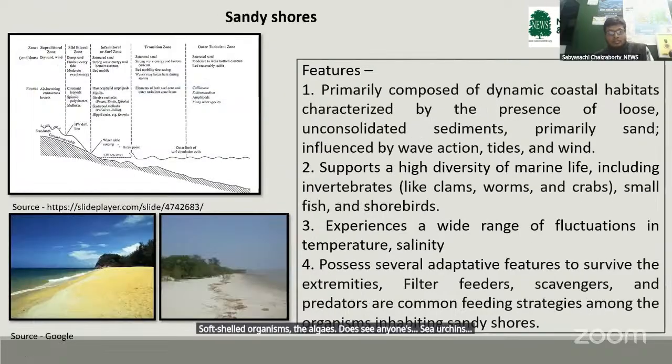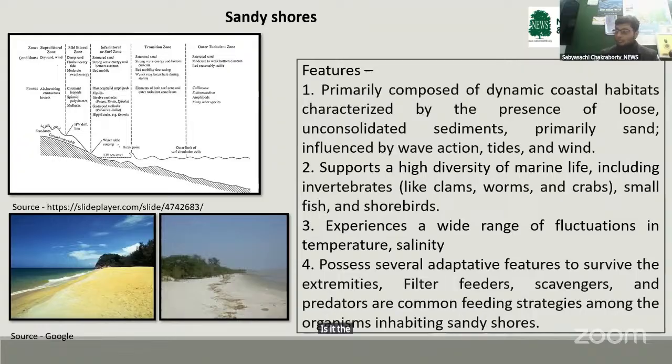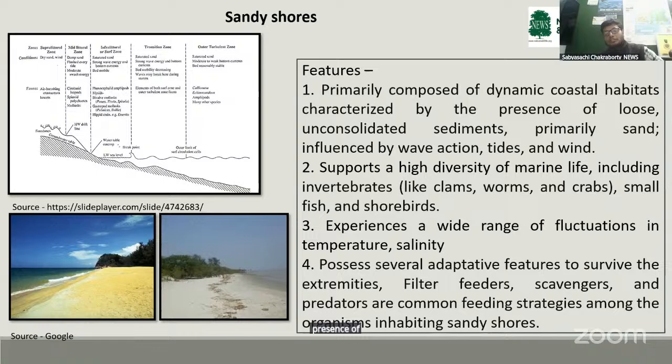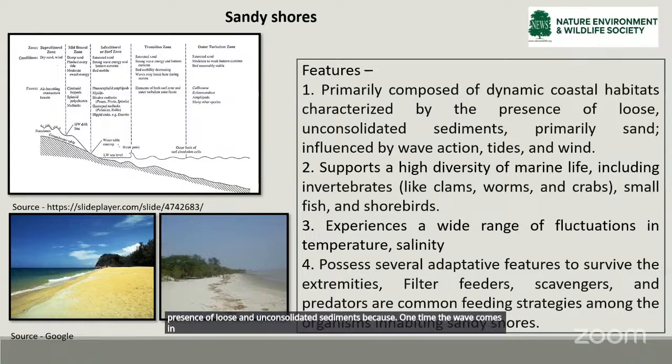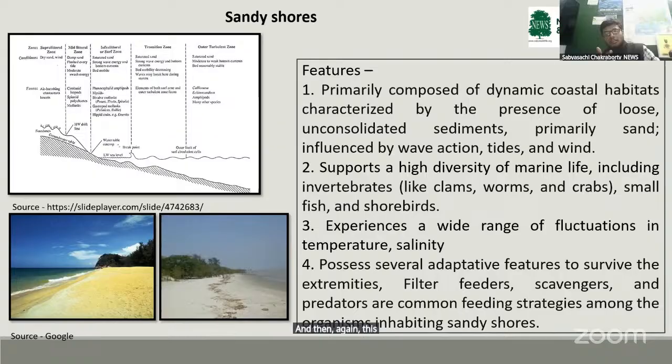So, sandy shores are also a prominent feature whenever you visit the beaches. These are primarily composed of dynamic coastal habitats, with the presence of loose and unconsolidated sediments. Because one time the wave comes in, it takes away the sand, and then again the sands are deposited.